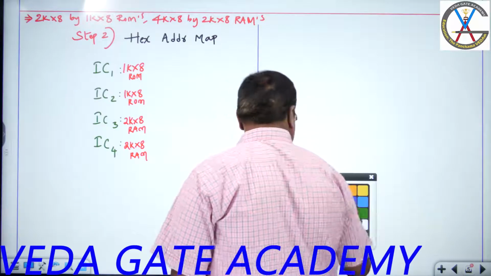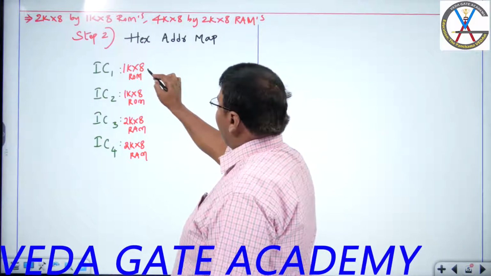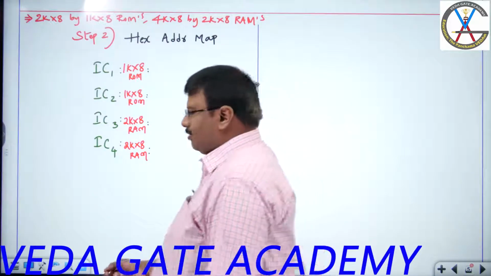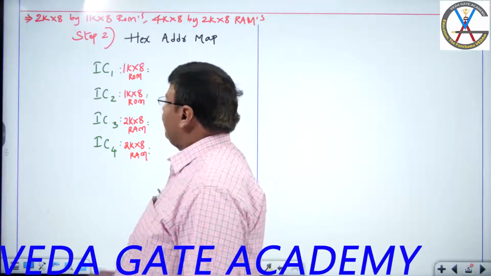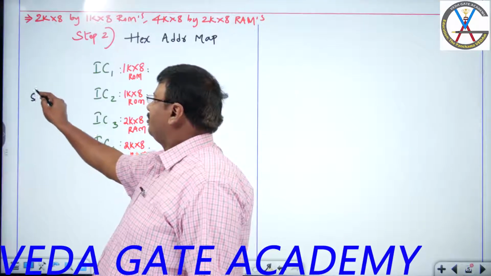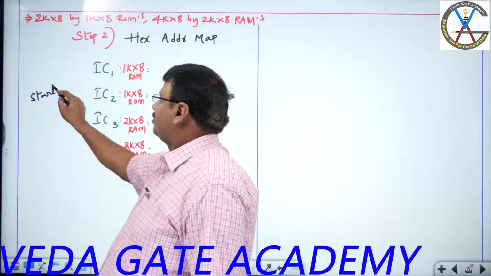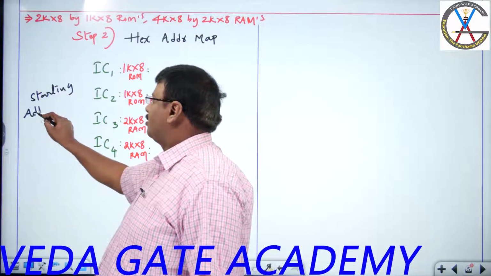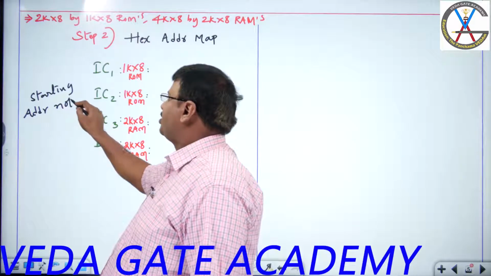Now, he did not mention any space in address range. So, default takes from 0000. So, starting address not mentioned.